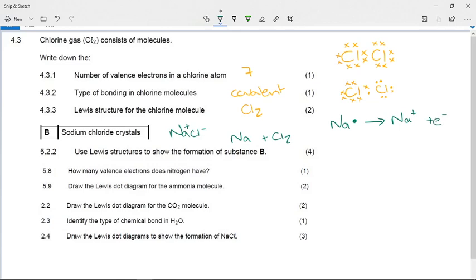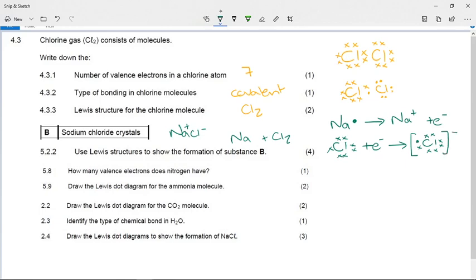And then the chlorine has a valence of 7, so it's got 2, 4, 6, 7 electrons. And chlorine gains an electron and goes to the chloride ion, and there is my extra electron, and because I've got an extra electron, I now have a charge.